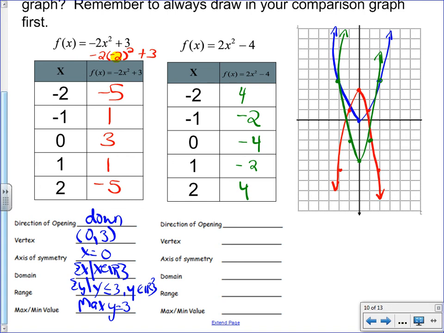David, what is it? Going up. What's my vertex here? Nick?